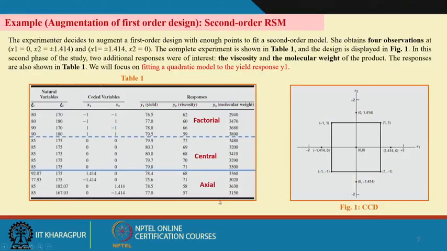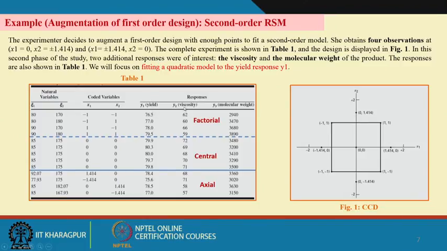So, we adopted the central composite design with factorial points, a central point and axial points. Please note that this example is taken from Montgomery's Design and Analysis of Experiments book, and in fact 3 responses are included, but we are interested in the yield only for this explanation.